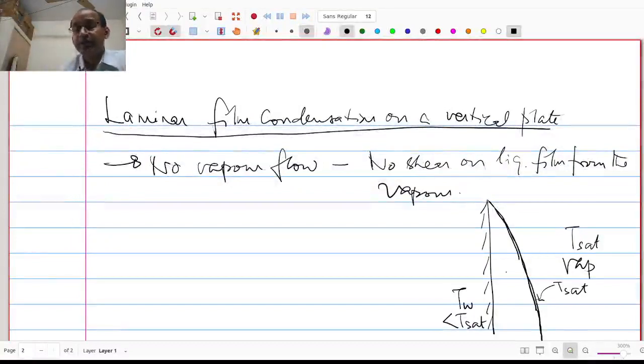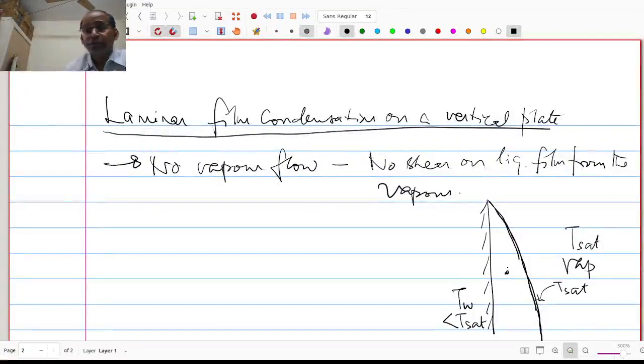So if I write the equation for the liquid in this boundary layer, in this thin film, the film is going to be very, very slender, because as soon as the liquid is accumulating, it starts flowing down and forms a thin film of liquid on the surface.